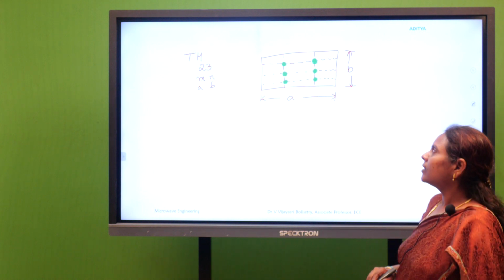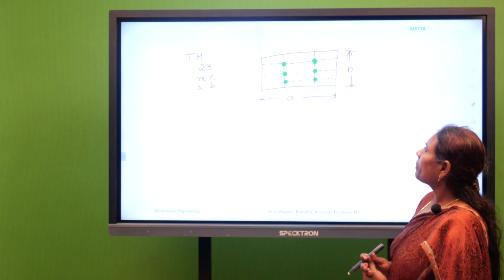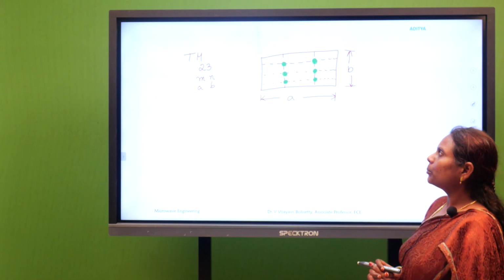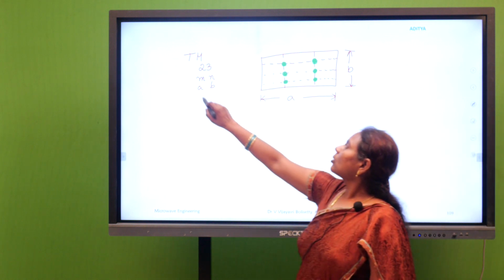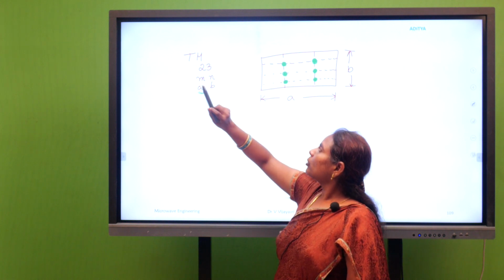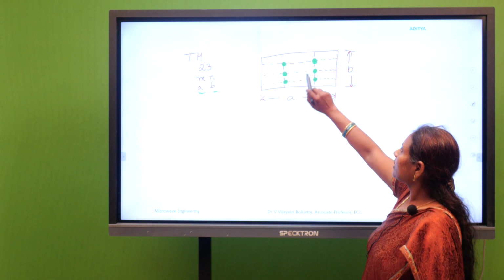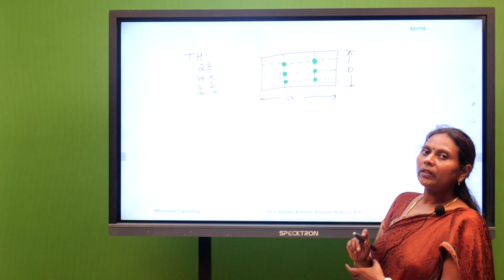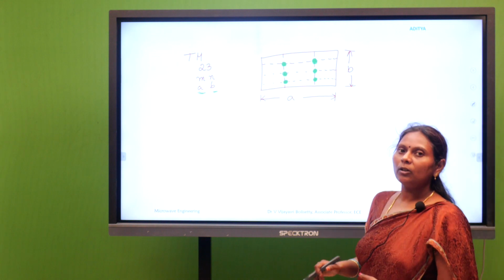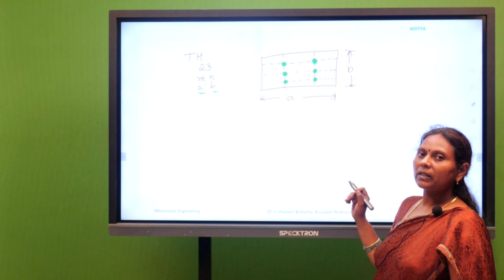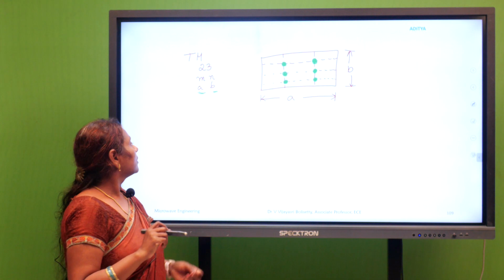Right. So, this is the field pattern for the TM23 mode. Okay. So, first draw the number of variations onto A and the number of variations onto B, and wherever these lines intersect, represent them with a dot, because the magnetic field is represented by the dot and the electric field is always represented by the arrow. Right.